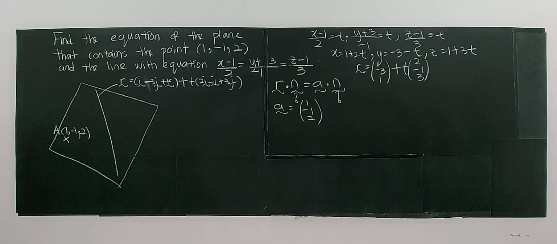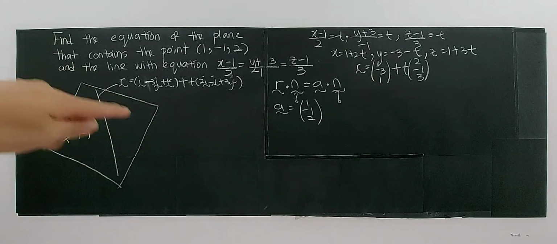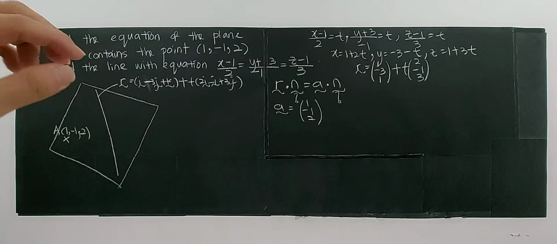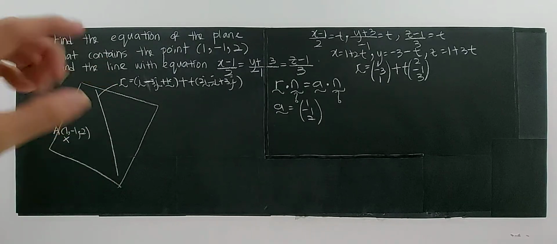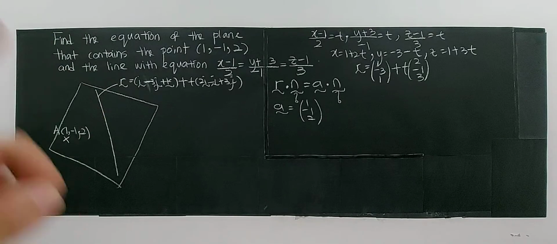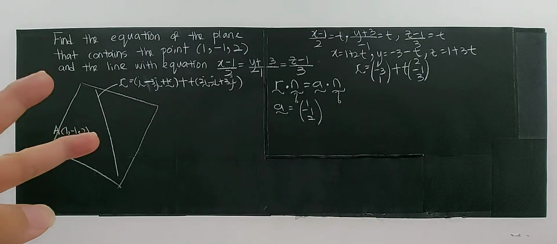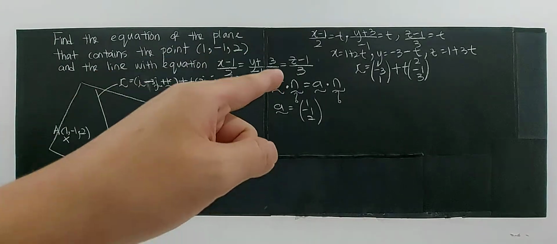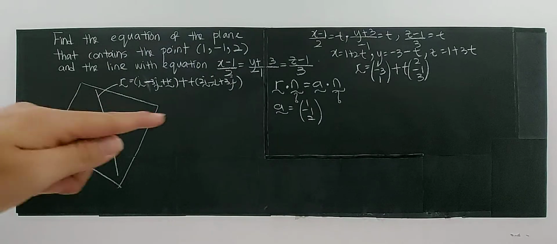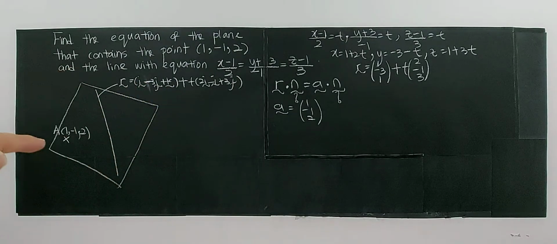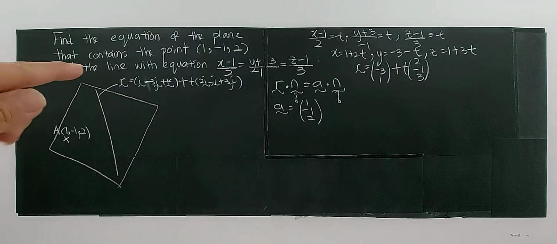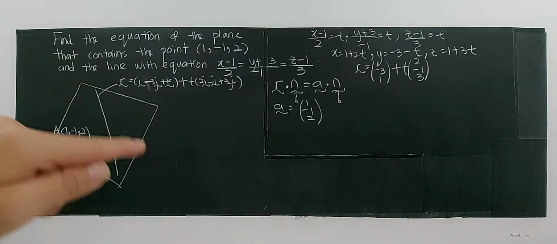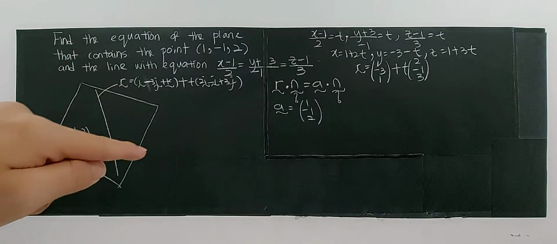So I give you a clue. For every question involving a plane, as long as you have two direction vectors on the plane, you can find the normal of the plane. If they give you three points, you find two vectors.